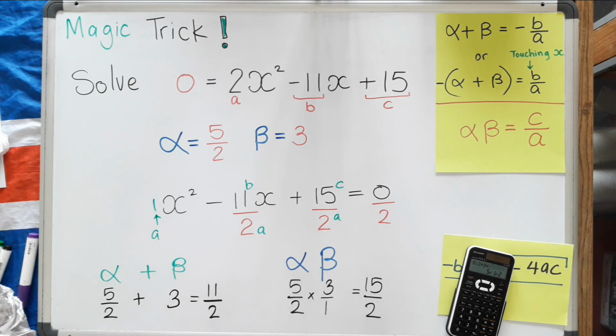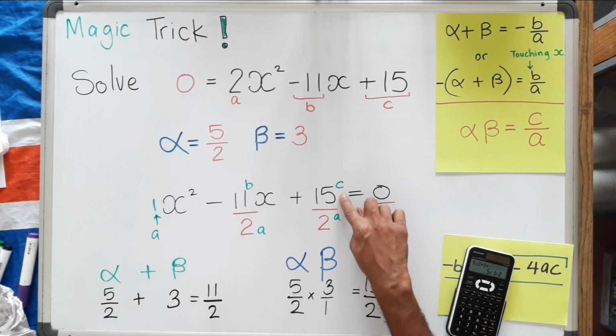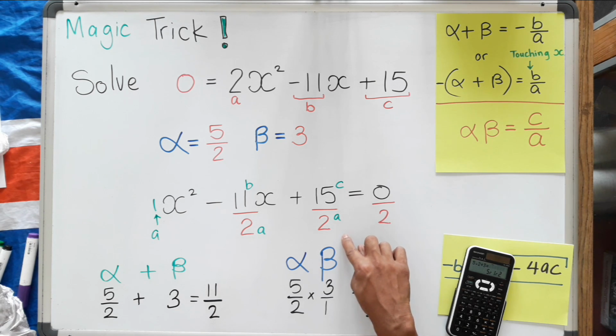Great. And anytime we multiply the two roots, we get c divided by a. In other words, the item without any x in it. So I know it's not an amazing magic trick, but this little trick has a lot of advantages in knowing it.